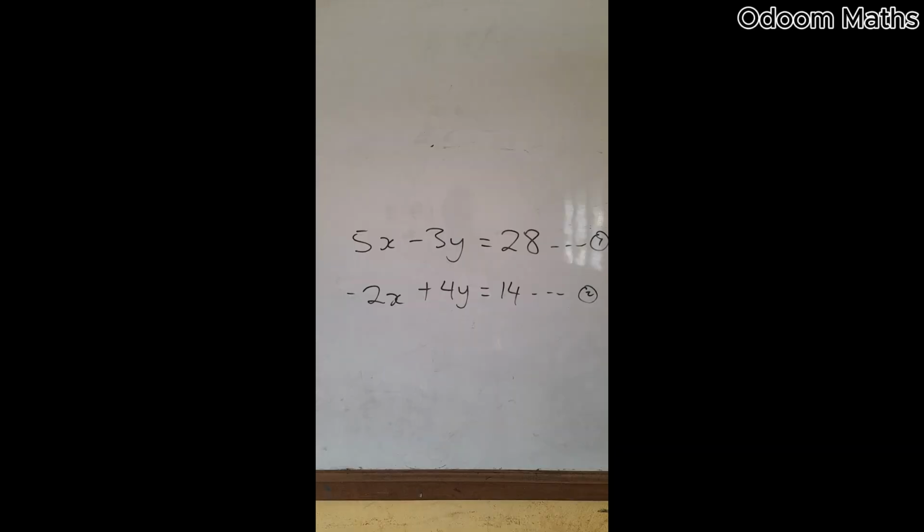We'll come back. Here again, we are to solve 5x minus 3y equals 28, that is equation 1, and negative 2x plus 4y equals 14, equation 2. We are going to use the calculator to solve this.